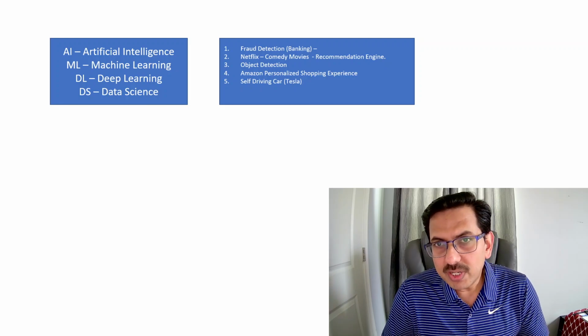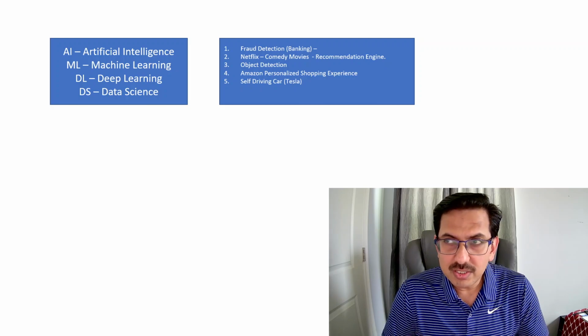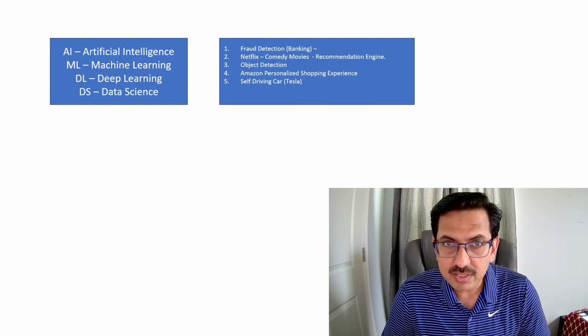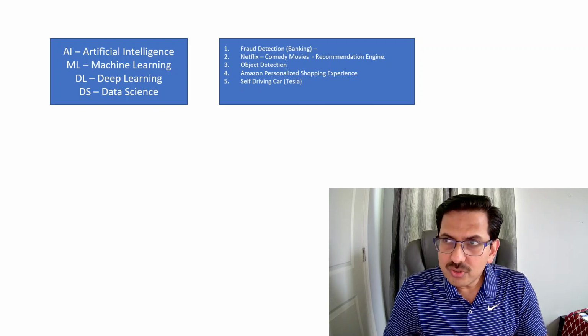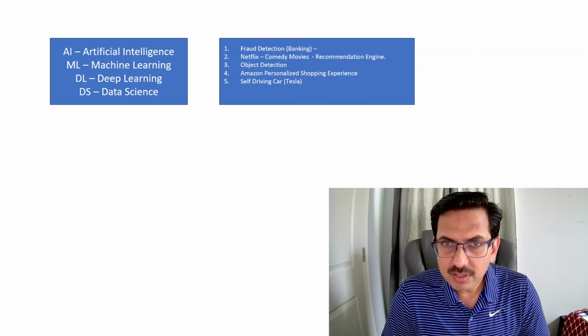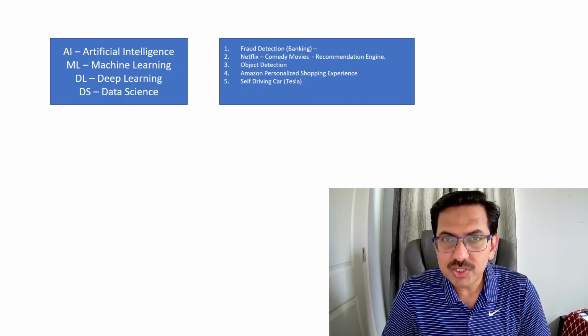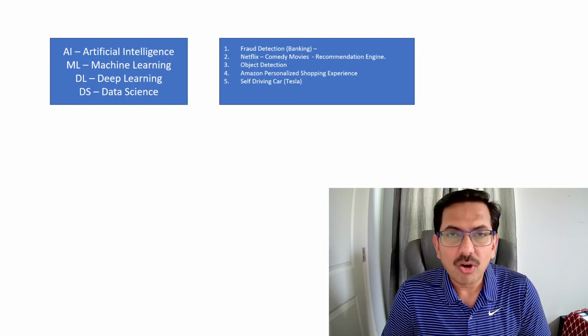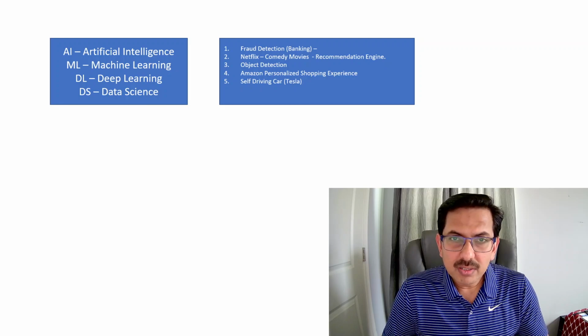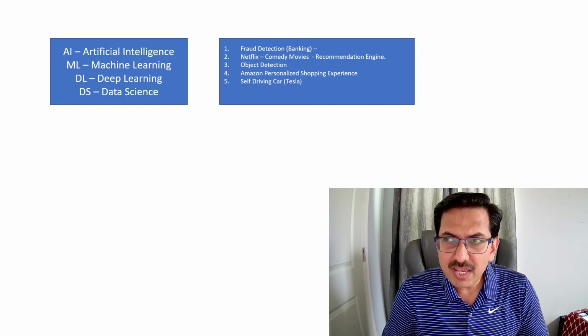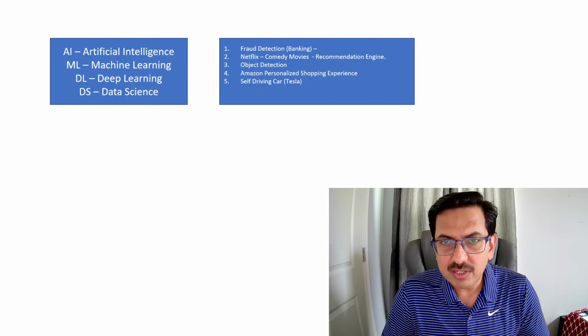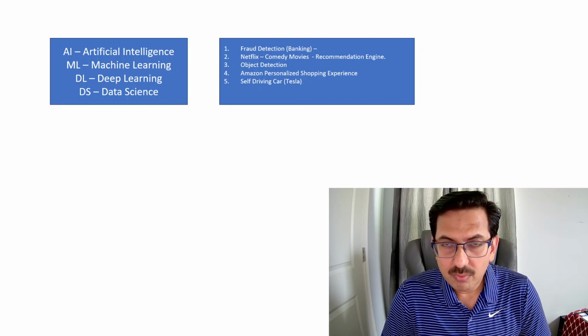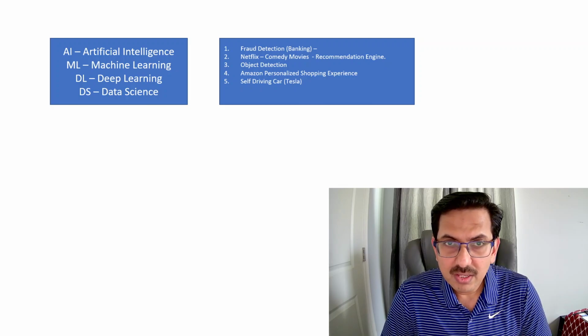So there is no human intervention, but the machine is taking the decision on that transaction. This is a very good example of a classification problem where you are classifying a particular transaction as fraud or not fraud. But the main thing is to understand what is artificial intelligence. So this is one example of artificial intelligence where the machine is taking the decision.